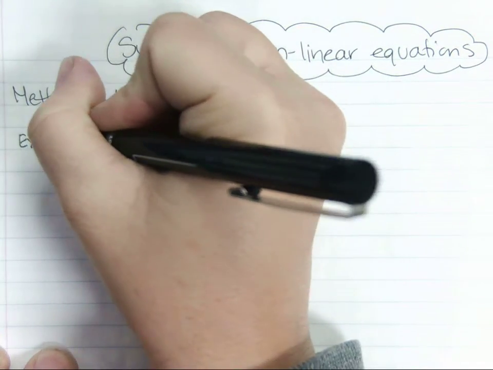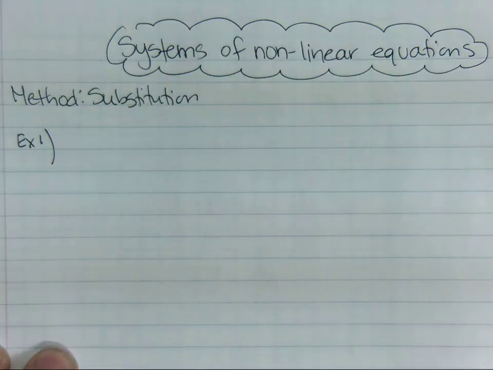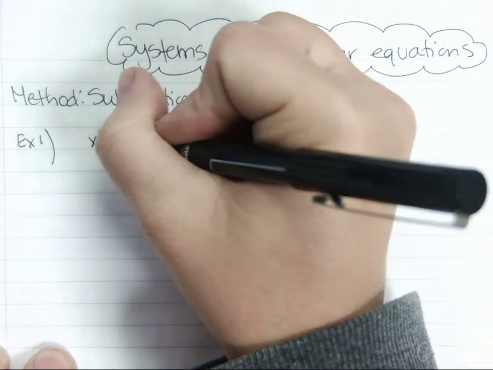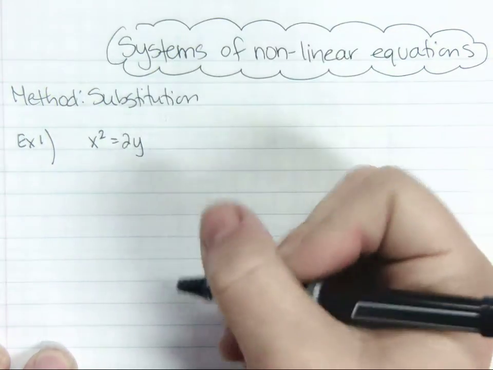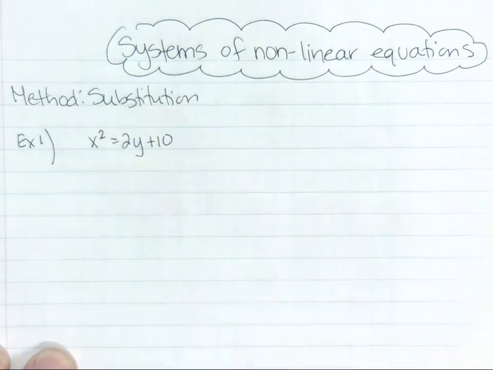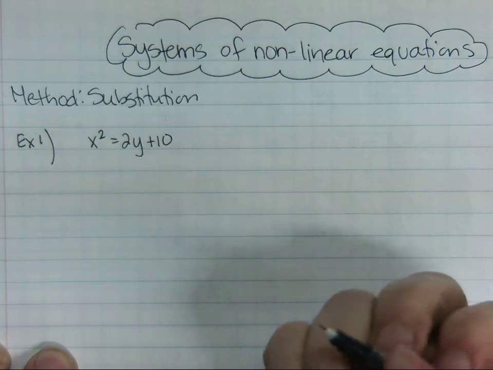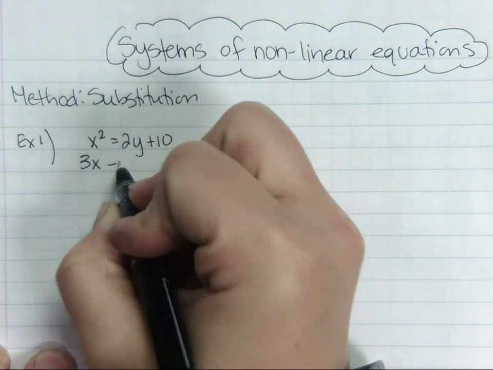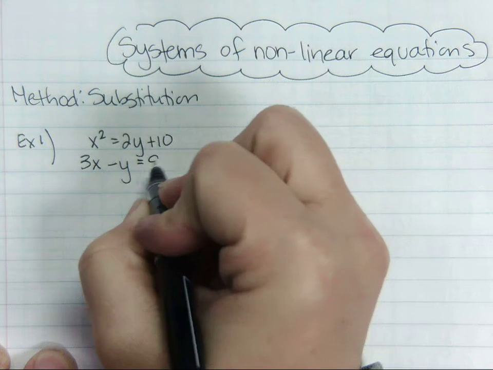So our first example is going to be the system x squared minus 2y plus 10. And we're also going to use 3x minus y equals 9.